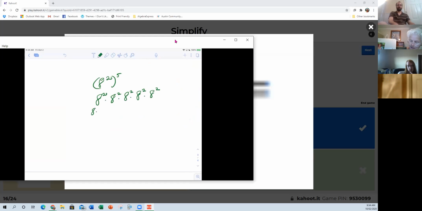And that would be 8 times 8 times 8 times 8 times 8 times 8 times 8 times 8 times 8 times 8, which would be 8 to the 10th. And you do not want to have to do that every single time. So that's why you have to memorize the laws of exponents.